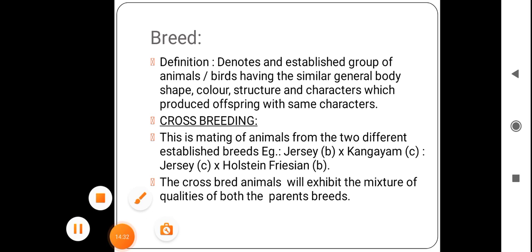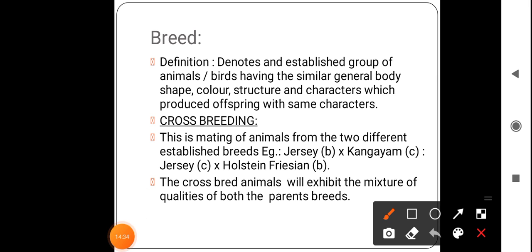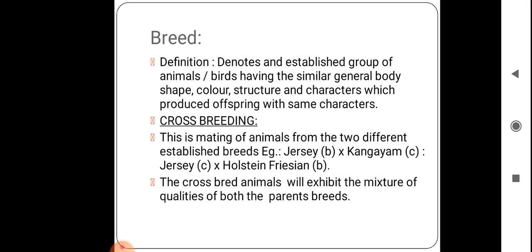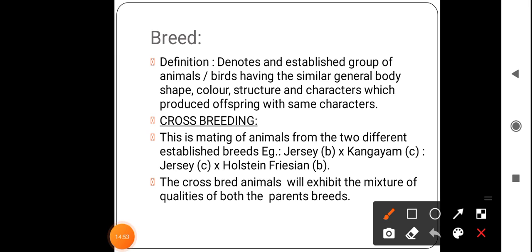If you compare Murrah animals, they will have the same general body shape, color, structure, characters. And if a Murrah buffalo is crossed with a Murrah bull itself, then the offspring which are coming will possess the same character of the Murrah breed.